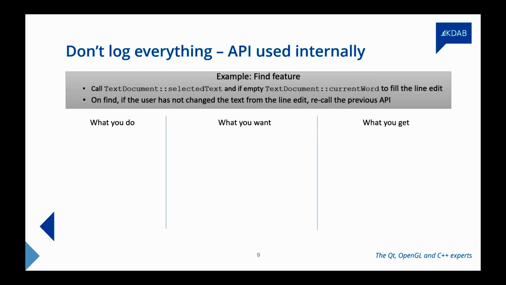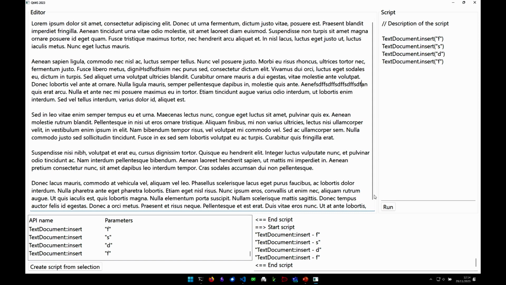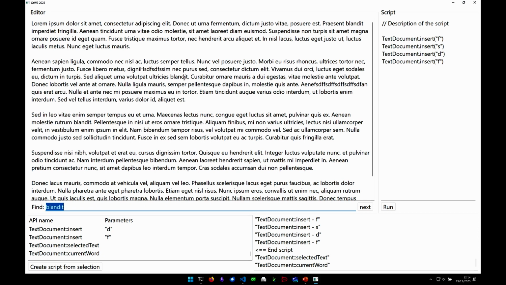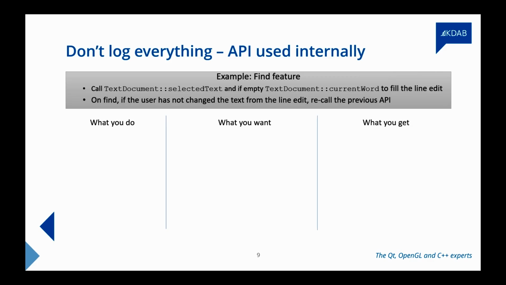Another reason to not log everything: the find feature. When I'm searching for something in my text editor and pressing Control F, what Control F is going to do is try to get the selected text first. And if there is no selected text, then it's going to take the word under the cursor. Okay?